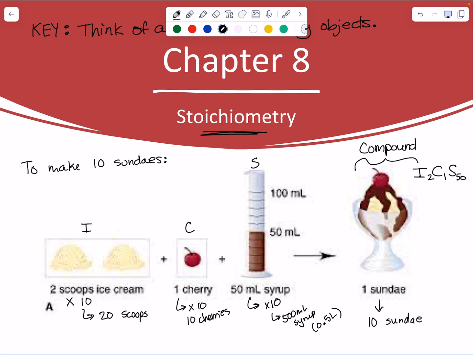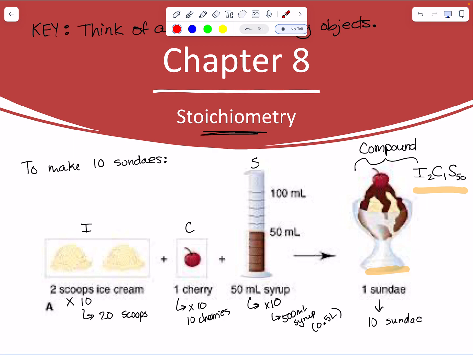Now, does 1 scoop of ice cream weigh the same thing as a cherry? It doesn't, right? The maraschino cherry is much lighter. Each of these things is going to have its own mass, and the total mass of the sundae is going to be the combination of the masses of the individual components.